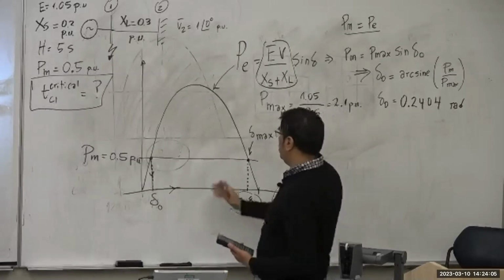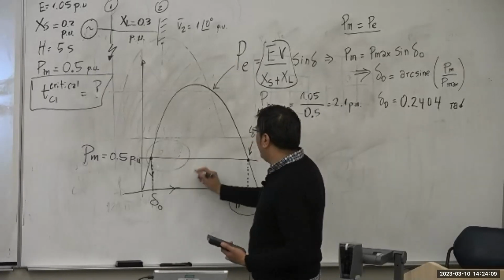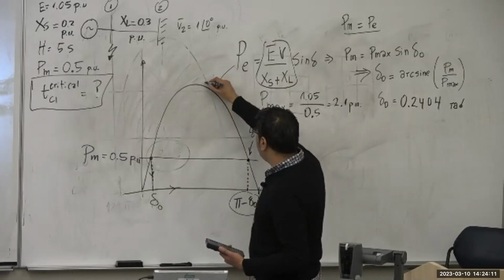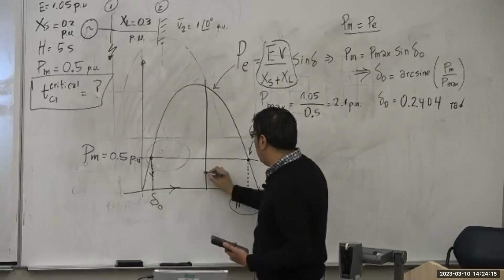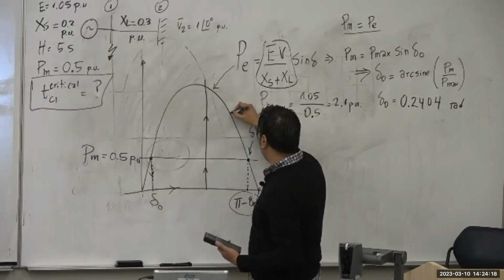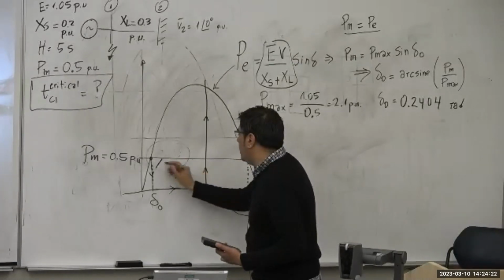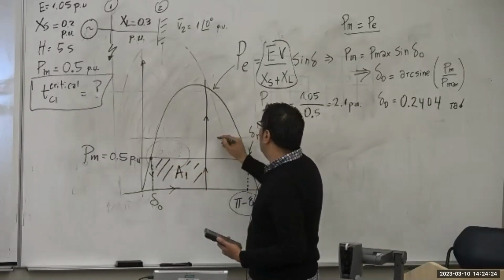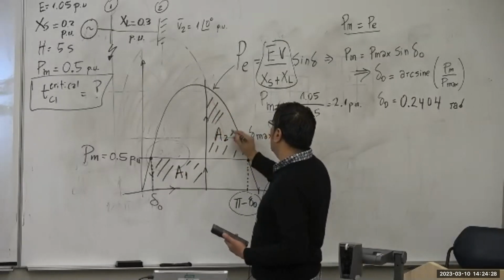So if that is the situation by the equal area criterion, here we will have an area that at some point here will split the graphical description here, and we'll define area 1 here that must be equal to the area 2.